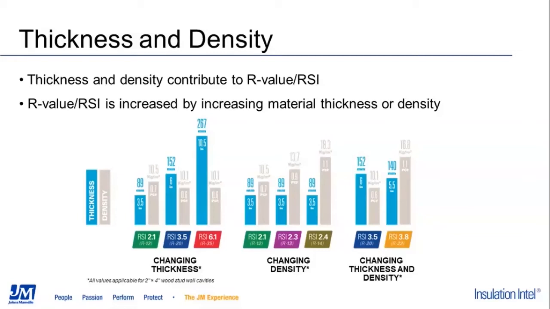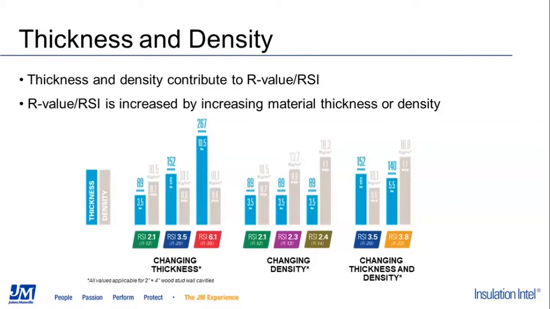So starting at the changing thickness diagram on the left, you can see that the gray bars for density are basically held constant, and the R value changes due to the changing thickness. So you can see R12, typically used in a 2x4 construction, is 3.5 inches. And then when we go to R20, which is typically used in a 2x6 construction, you can see that product is 6 inches, and so on.